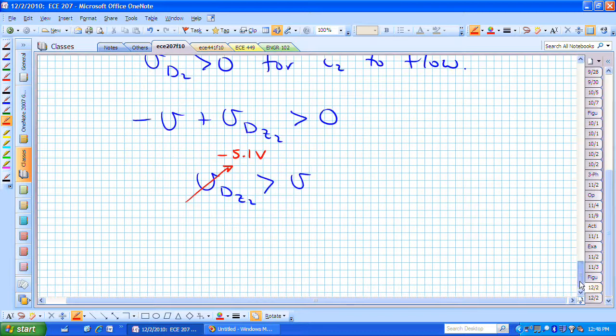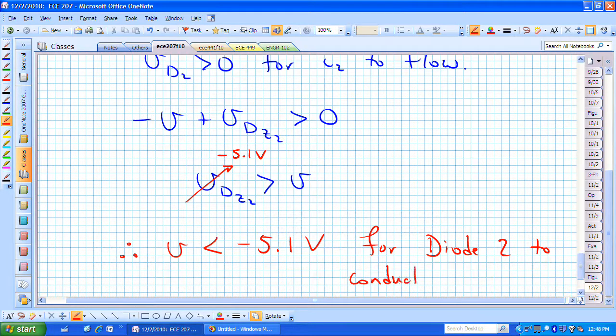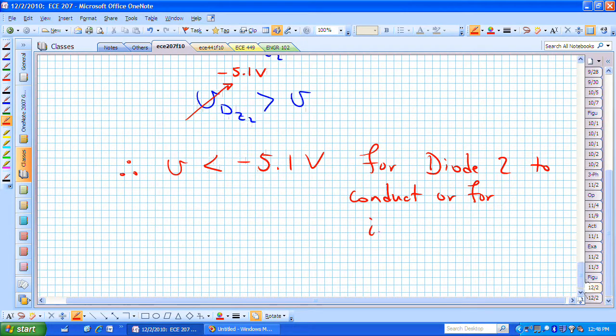And that now needs to be bigger than V, or V needs to be less than minus 5.1 volts for diode 2 to conduct, or for I sub 2 to exist.